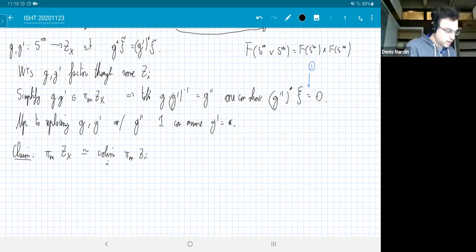The quick way of seeing this is identifying Zx as that homotopy colimit.